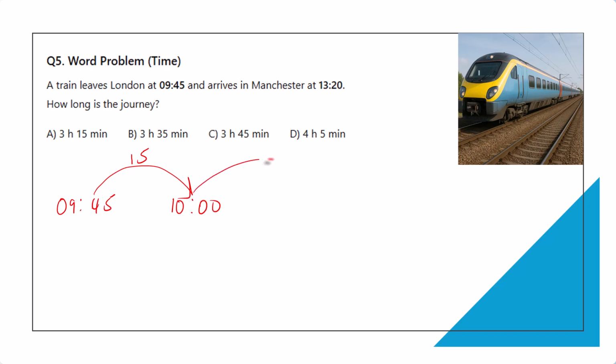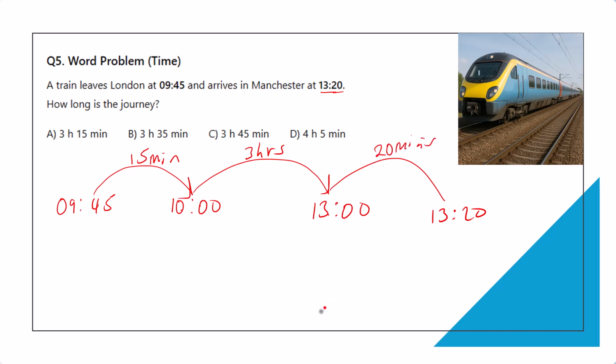Then from 10 o'clock, I can make a big jump until I'm on 13, because it says 13, right? Now from 10 to 13 is going to be 3 hours. I'm going to put there 3 hours. This was minutes, okay? And then from 13, I'm going to jump to 13:20. And from 13 o'clock to 13:20 exactly, that's going to be 20 minutes, okay?